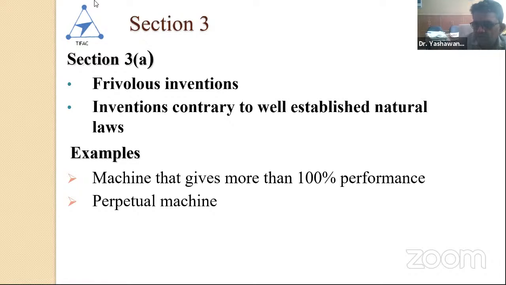So that's where we will have to find solutions, develop understanding to a level where we really can differentiate from falling into a trap of frivolous inventions, which cannot be imagined within the present scientific framework.